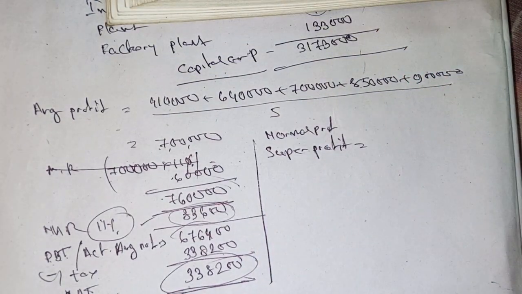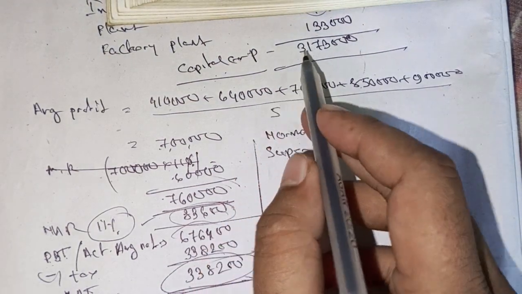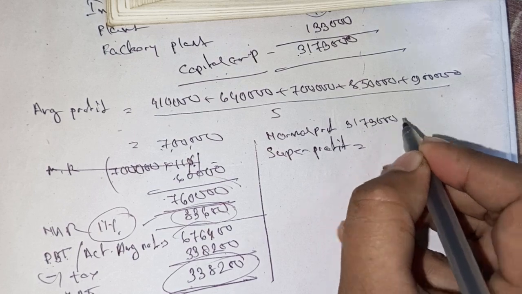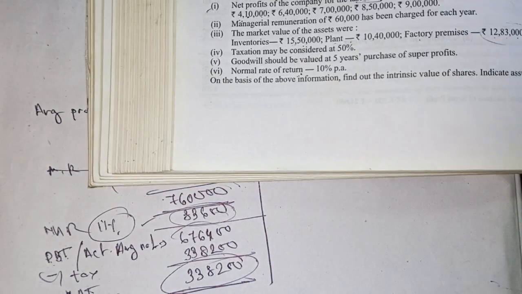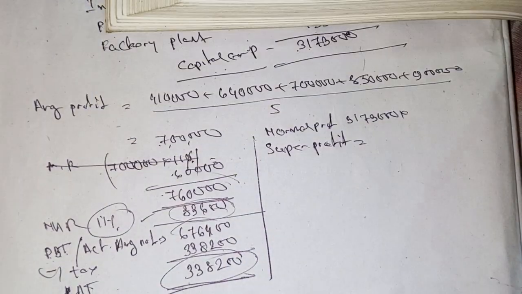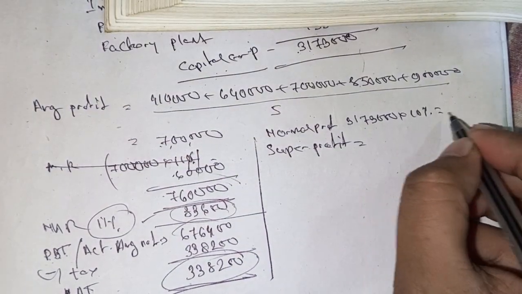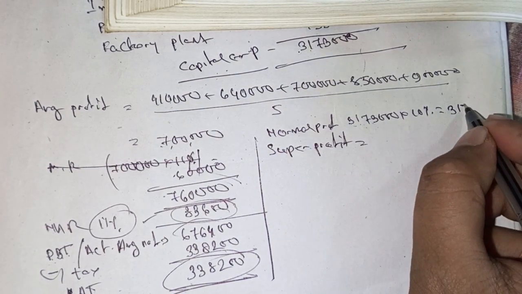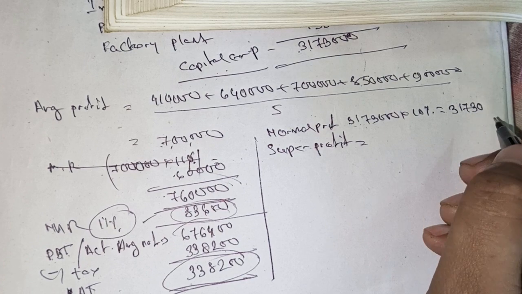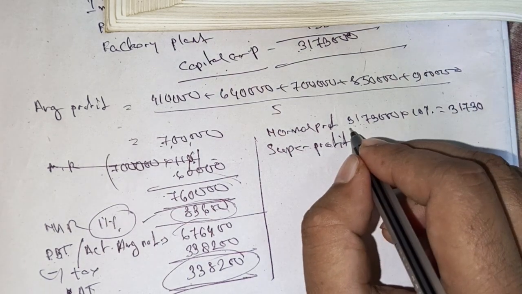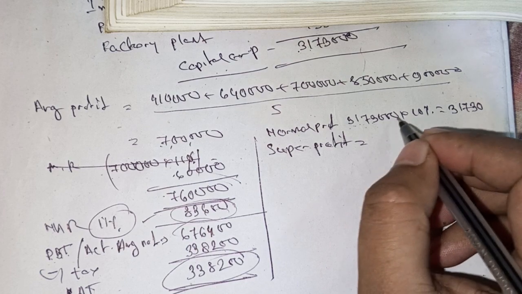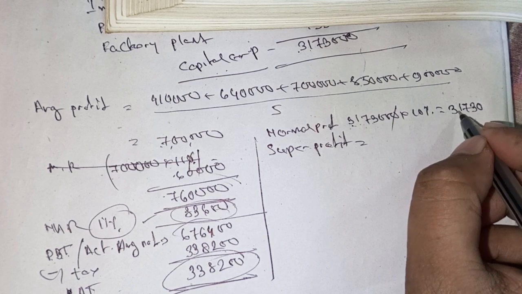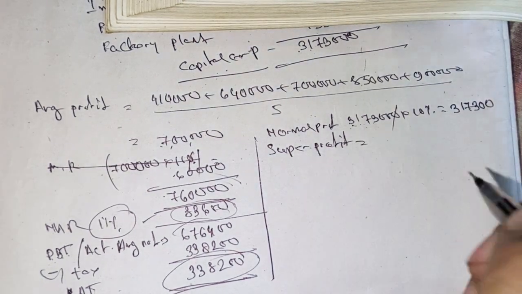Normal profit means capital employed multiplied by the normal rate of return. Our capital employed is 31,73,000 multiplied by 10%, which is 3 lakh 17,300. That is our normal profit.